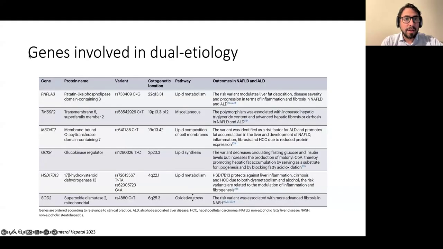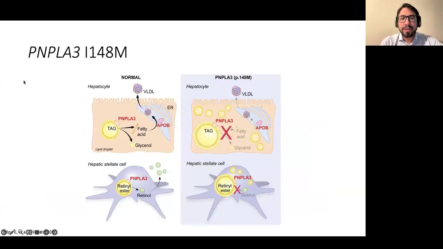So I would like to speak now about the genes involved in the dual etiology, and particularly PNPLA3, because this is a genetic variant that is usually involved in the release of, or basically metabolizing, the triglycerides and promoting the storage of lipids in the hepatocytes.